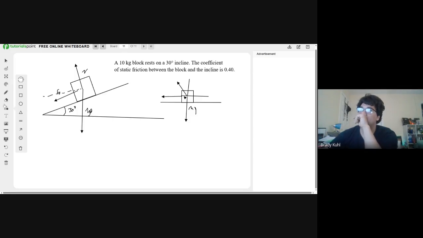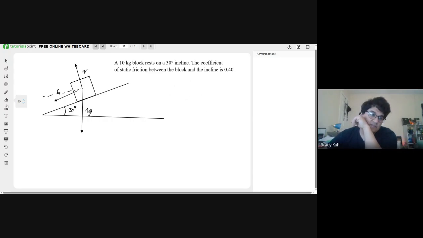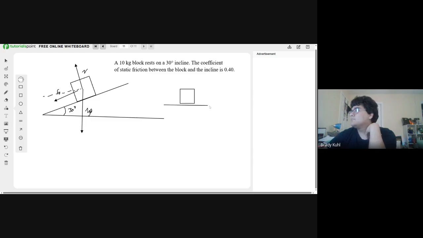The normal force is supposed to be perpendicular to the surface. I definitely should edit this part of the video. Sorry about that.